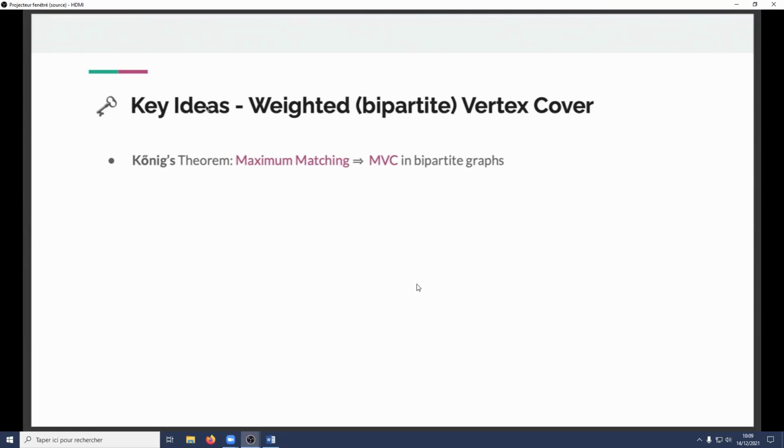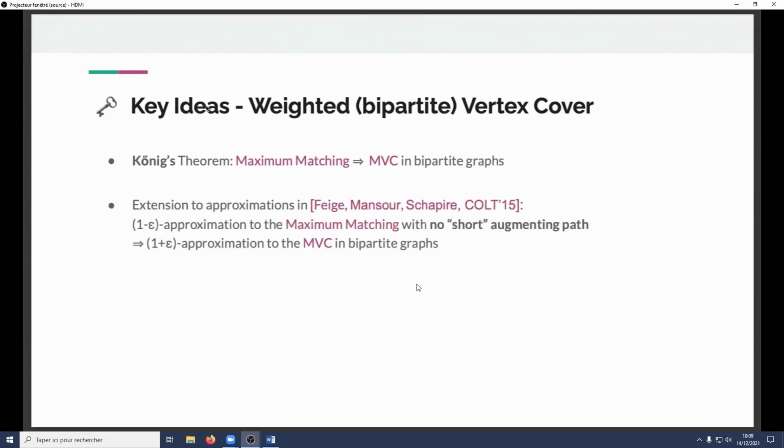And there is some kind of generalization to approximations. So if you have a 1 minus epsilon approximation of maximum matchings without short augmenting paths, then we can construct the 1 plus epsilon approximation to the minimum vertex cover in that same bipartite graph, right? And this is in the unweighted setting.